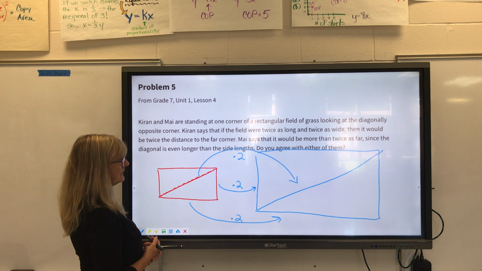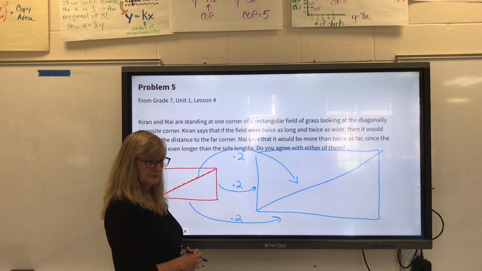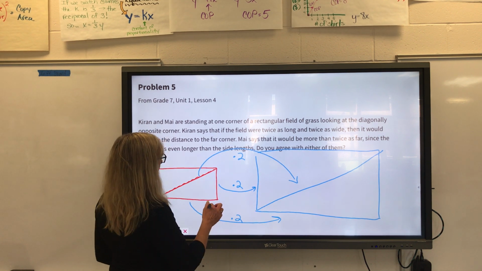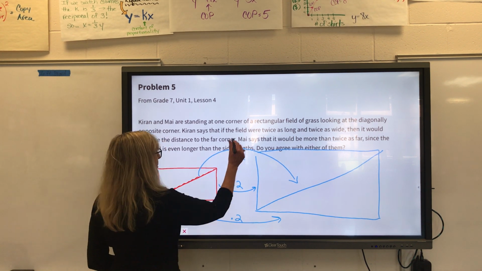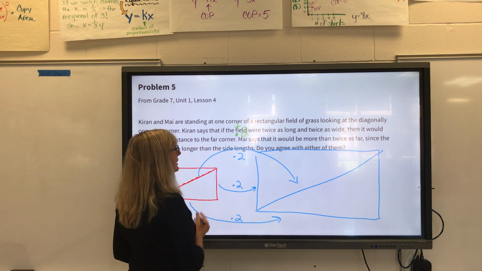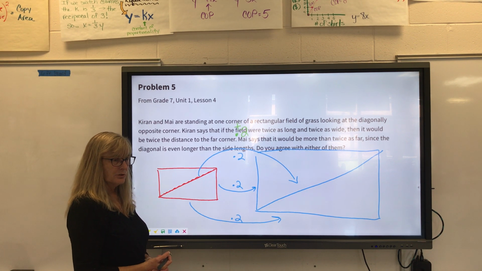Mai says no, it would be multiplied by more than 2. So Karen says this is true, Mai says it would be multiplied by more than 2. Who do you think is right?